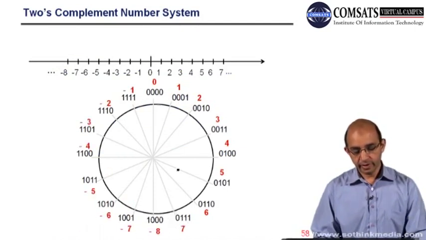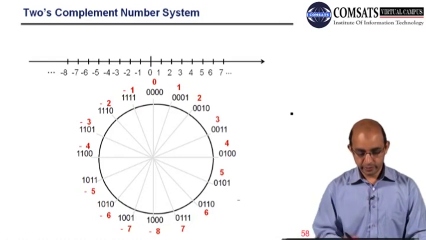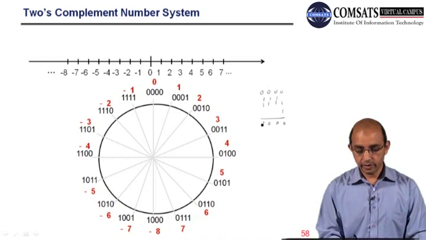So here we have 0, so let's talk about 0 0 0 0. 1 1 1 1, ones complement, 1 plus 1 is 0, carry 1, carry 0, and here we have 1.